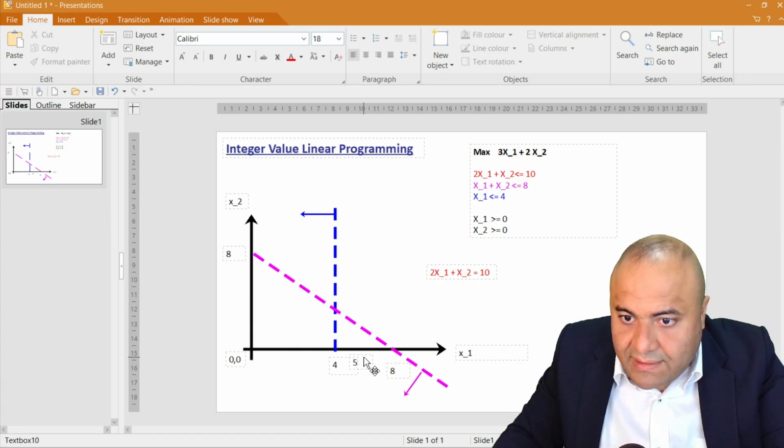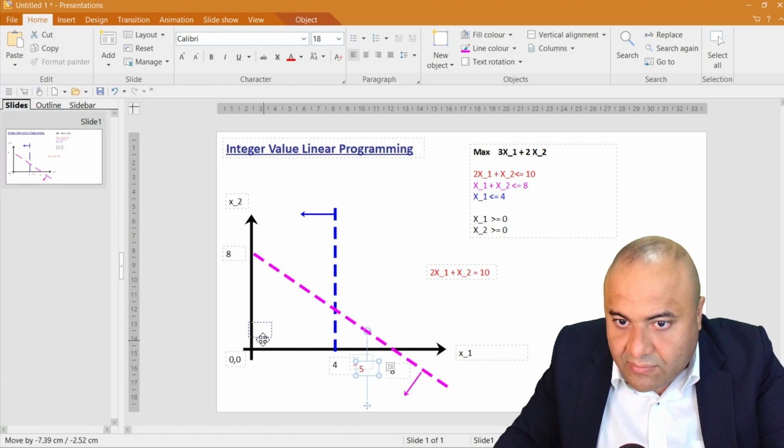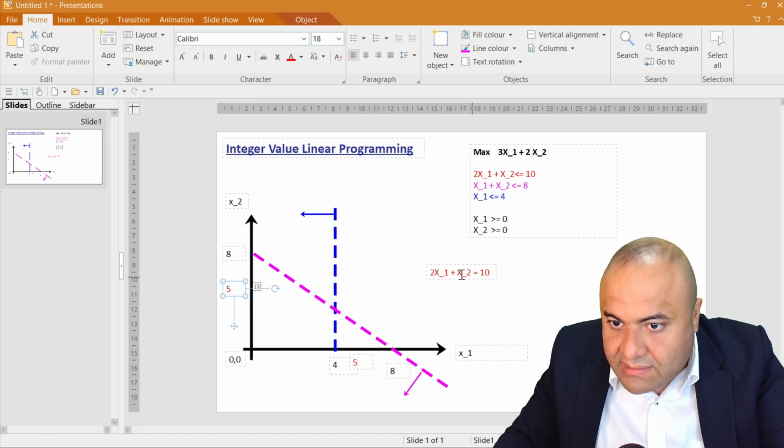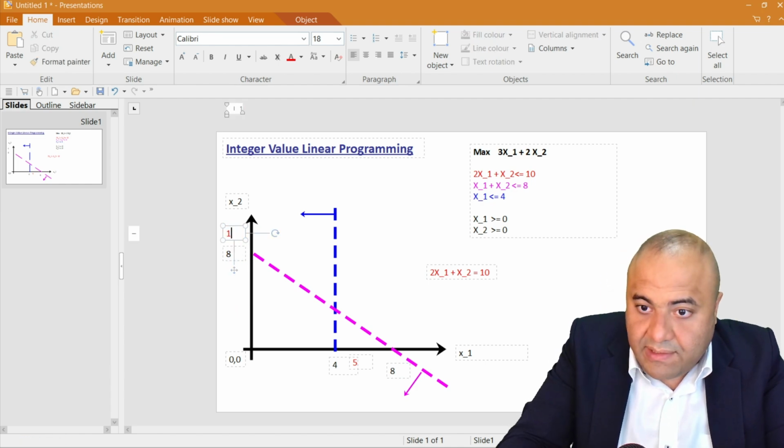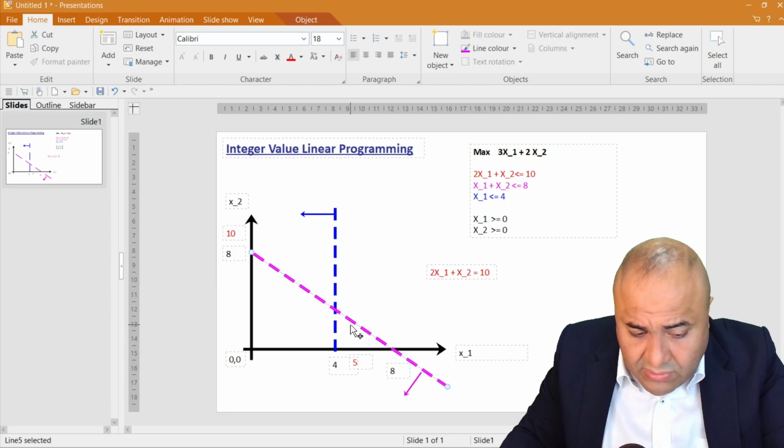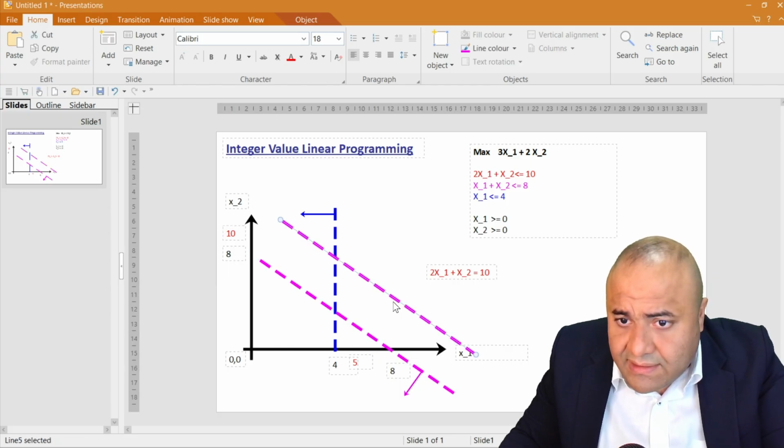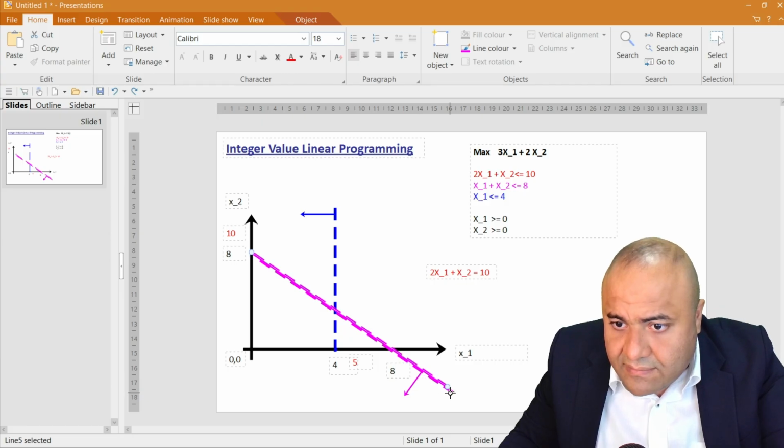And again, you can just make it simple here or make it obvious. Now, x1, when it's 0, x2 will be 10. So it will be here. We just take the same thing, just this one.